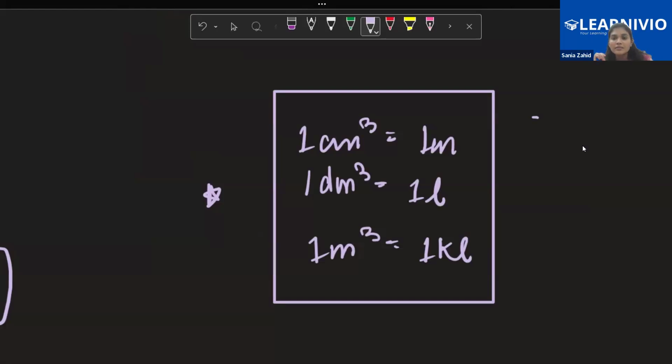Again, ml is the smallest, then liter, and then kiloliter. So can you learn this relationship now? 1 centimeter cube is 1 ml, 1 decimeter cube is 1 liter, and 1 meter cube is 1 kiloliter. Can we establish this relationship now?